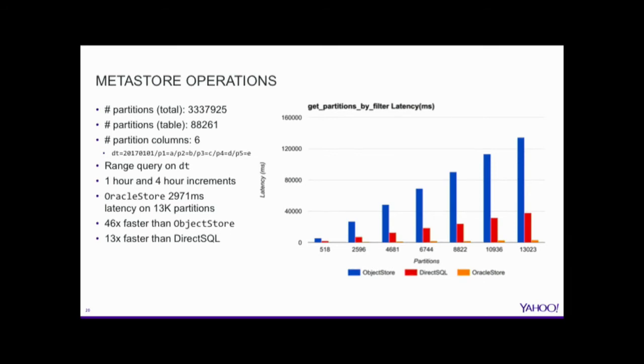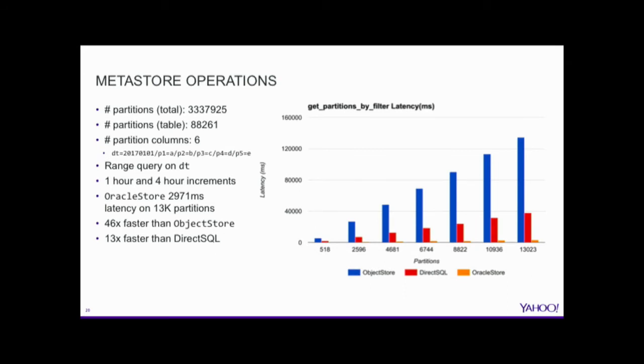The get partition by filter takes a filter string, which is parsed, and then pushed down into the database in order to apply conditions when generating the list of partitions that it will return to the client. So for this test, we used a table that was partitioned across 6 columns and consisted of 88,000 partitions.